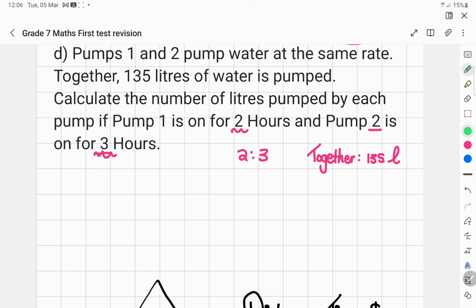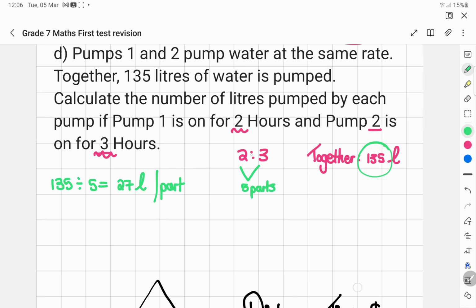Okay, so it's dividing your ratio into your parts. So the first thing is 2 plus 3 is 5 parts altogether. Then you take your 135 and you divide it by 5, which gives you 27 liters per part.